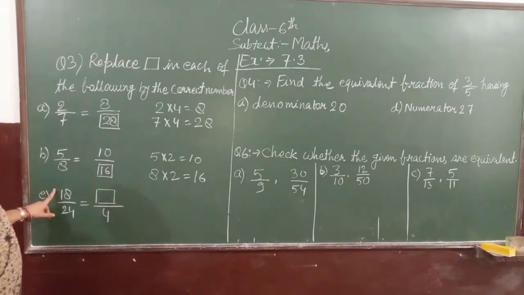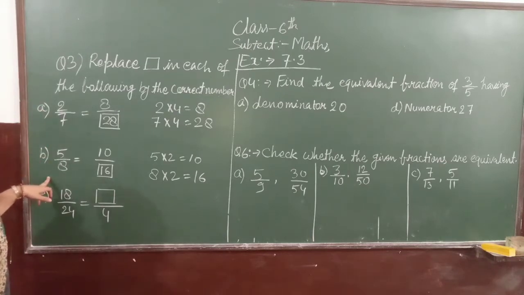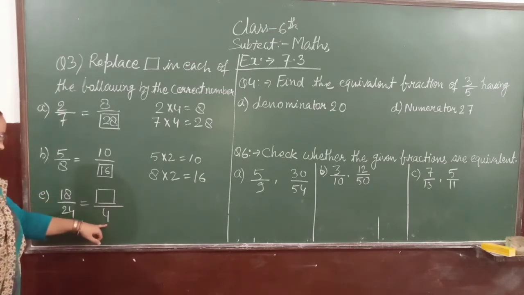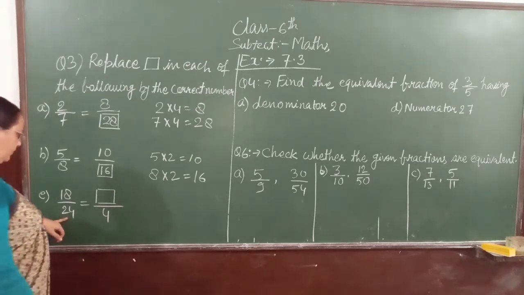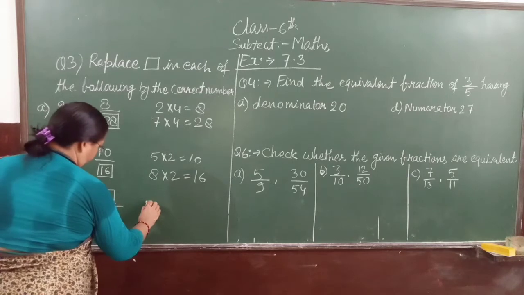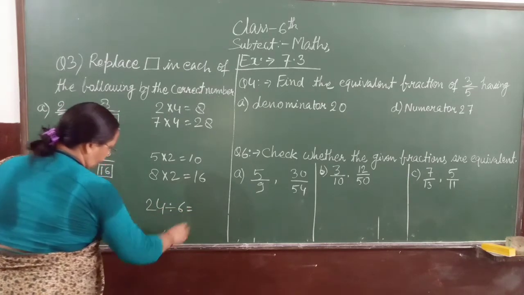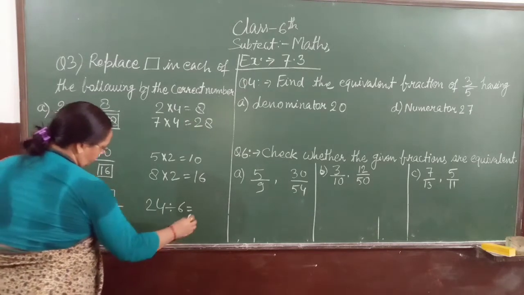Now this question is quite different from A and B. Here 24 and 4 we have to divide. If we divide 24 by 6, what do we get? 6 4s are 24.